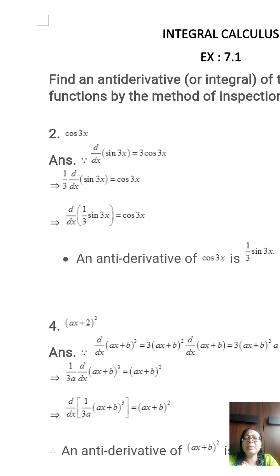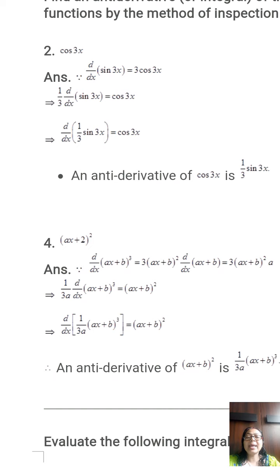If we divide both sides by 3, the left hand side is 1 by 3 d/dx of sine 3x, equal to cos 3x. Now if we consider this 1 by 3 together with sine 3x, the derivative of 1/3 sine 3x is cos 3x. So the antiderivative of cos 3x is 1/3 sine 3x.